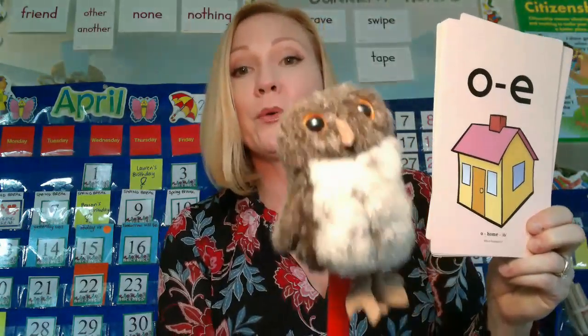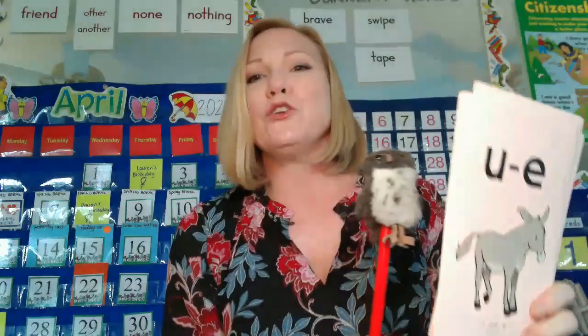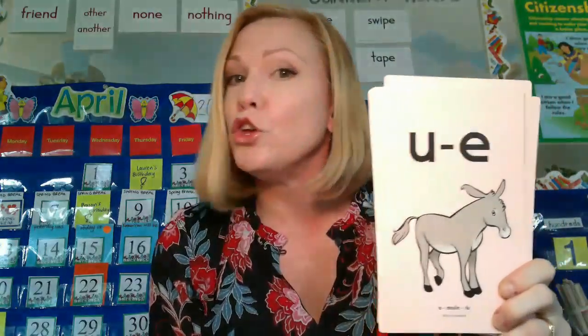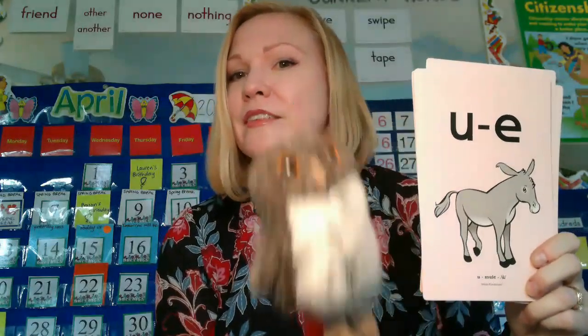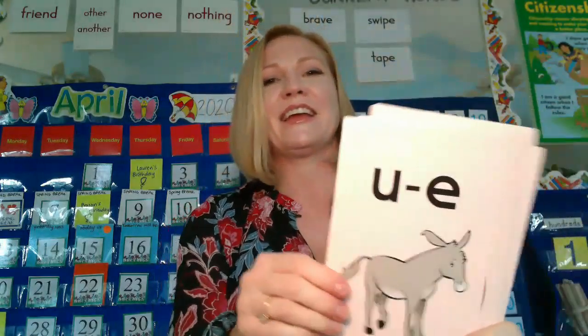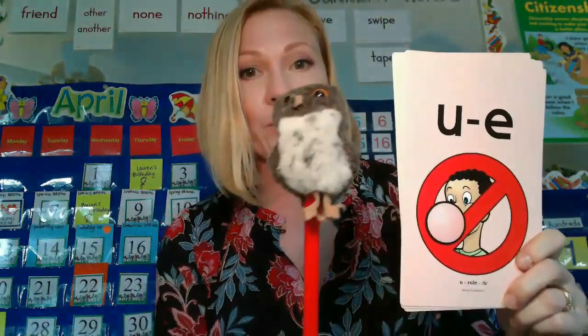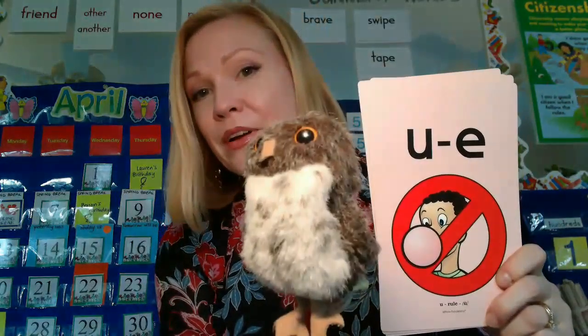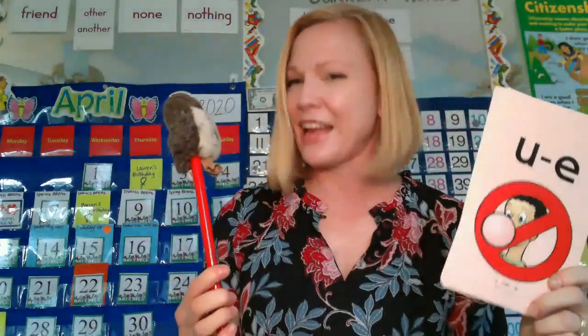I blank E, pine I. O blank E, home O. U blank E, mule U. And U blank E, rule ooh. Fantastic. Great job, little Echo.